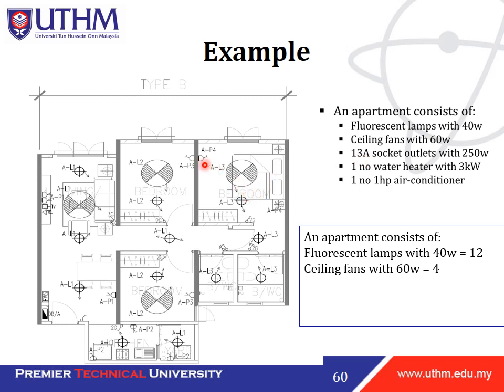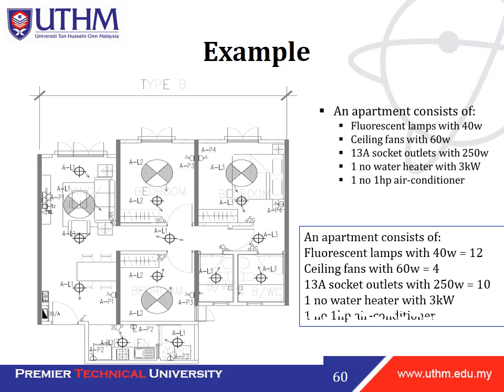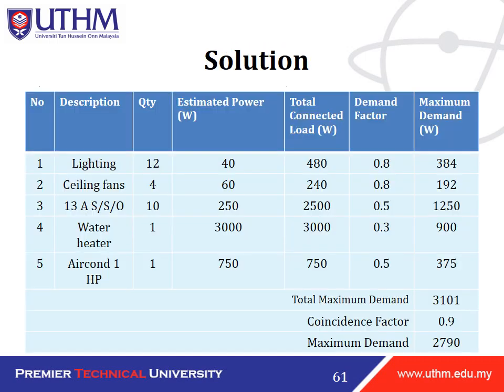Okay, 1, 2, 3, 4, 5, 6, 7, 8, 9, 10. Okay, we have 13 amp socket outlets, 10 units. Okay, we have 1 number of water heater and also 1 number of 1 horsepower air conditioner.